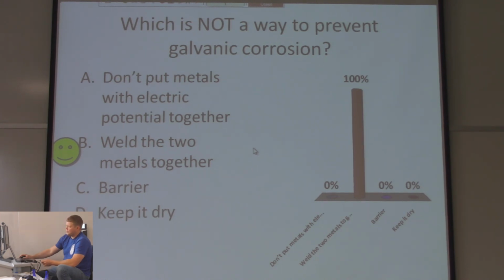But you don't put the metals together with electric potential. That's one way. Put a barrier, like a piece of plastic, paint, or powder coating, keeping the metals so they're not touching, and keeping it dry so it doesn't get wet and have an electrolyte, are all ways to prevent galvanic corrosion.